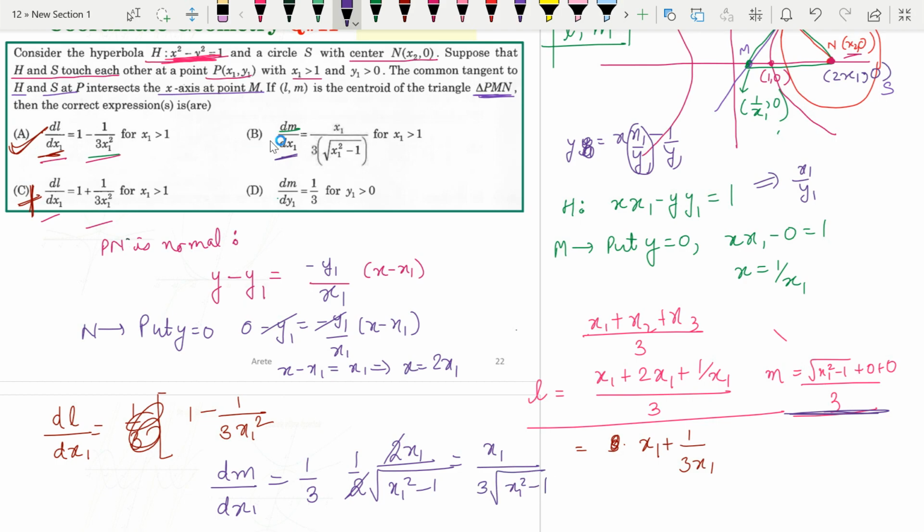So this is correct. D is just in terms of y1. M actually was y1 upon 3, and we replaced y1 by this. The derivative of M with respect to y1 is of course 1 by 3, because this is the formula you have. So this is also correct. Nice question, not difficult at all, right? See you with another one.